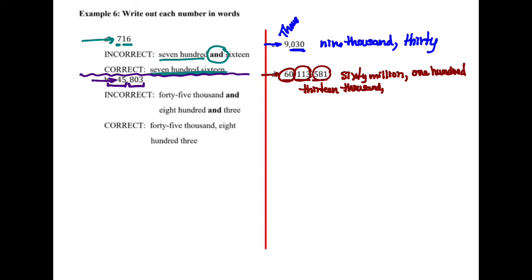And now 581, not 581. Okay, so 500. Now this is where the hyphenated part comes. 580-1.